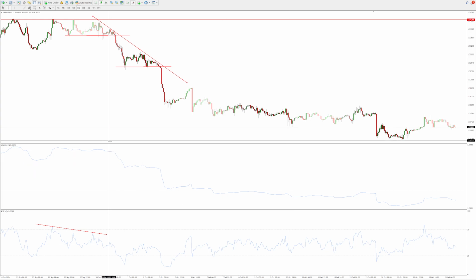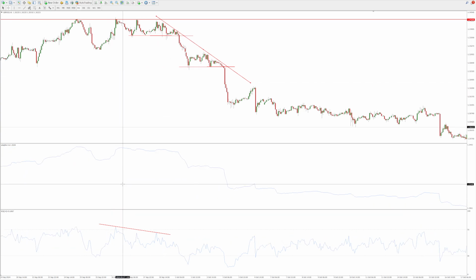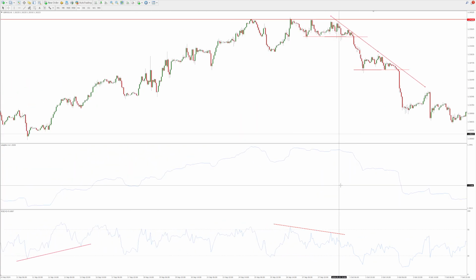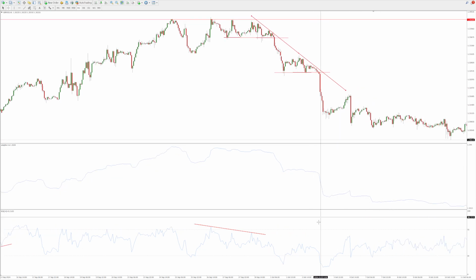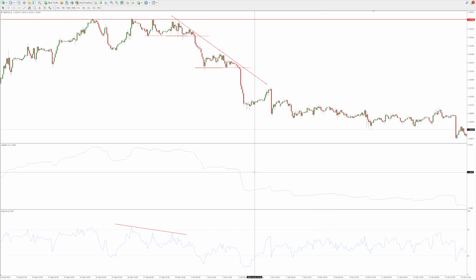Okay, now if we go to the adaptive RSI on the other hand, it wasn't in as extreme an oversold state. As you can see, it's still up here. Okay, at this point it's not as low as the standard RSI indicator.